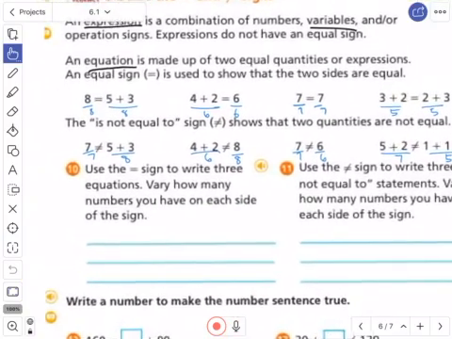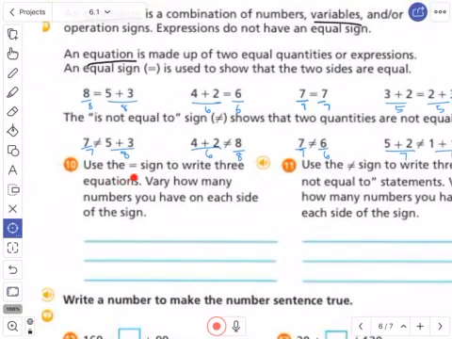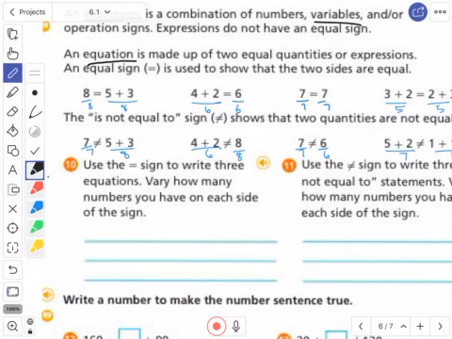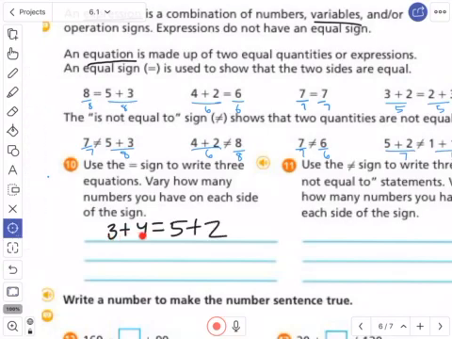Okay, so number 10 says, use the equal sign to write 3 equations. Vary how many numbers you have on each side of the sign. So I'm just going to start by doing 1. We're going to do 3 plus 4 equals 5 plus 2, because 3 plus 4 is 7, and 5 plus 2 is 7. Okay, I just have 2 more.